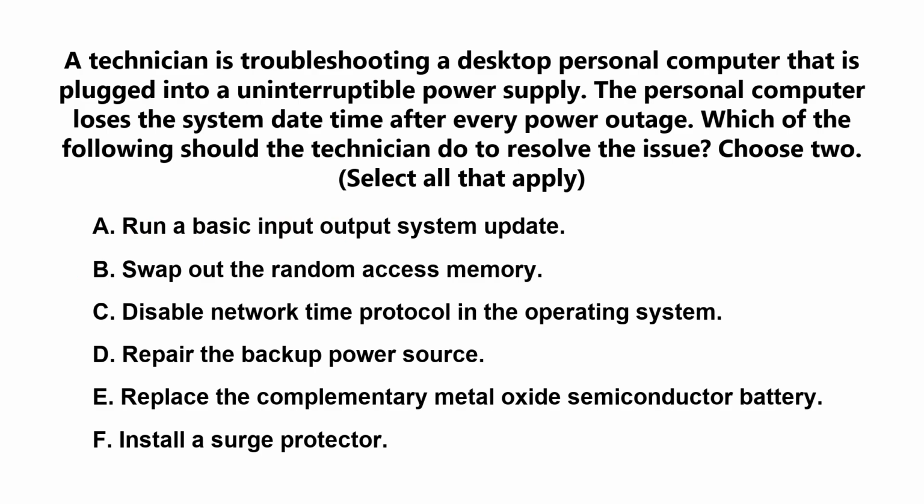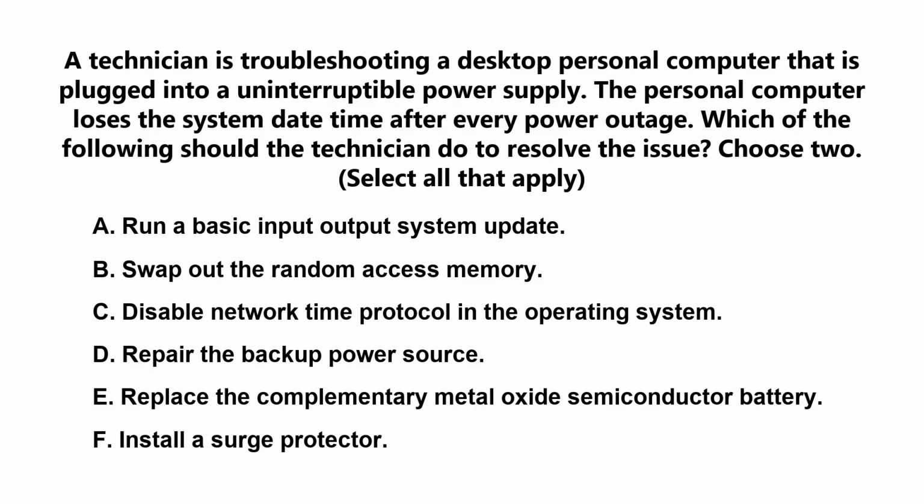Question 40. A technician is troubleshooting a desktop personal computer that is plugged into an uninterruptible power supply. The personal computer loses the system date and time after every power outage. Which of the following should the technician do to resolve the issue? Choose 2. Option A, run a basic input-output system update. Option B, swap out the random access memory. Option C, disable network time protocol in the operating system.